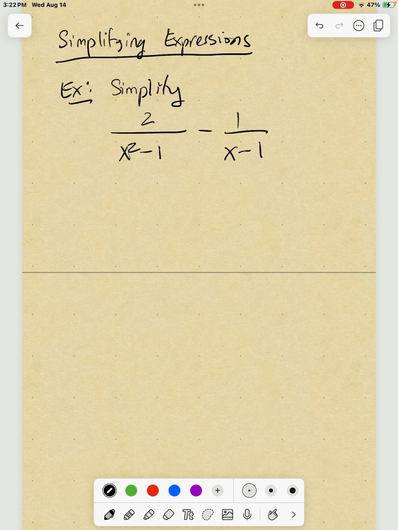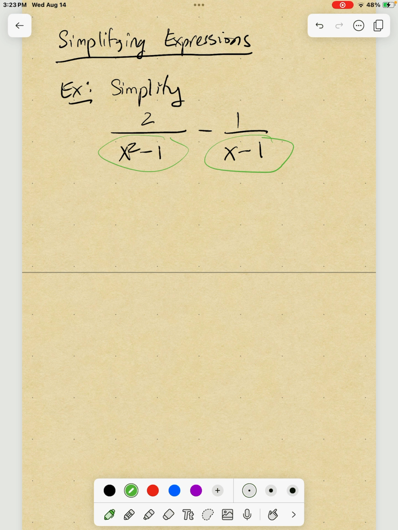Well, I'm trying to subtract the fractions, right? So I need a common denominator, and I look at the denominators. I see that they're not the same, right? And I need a common denominator.